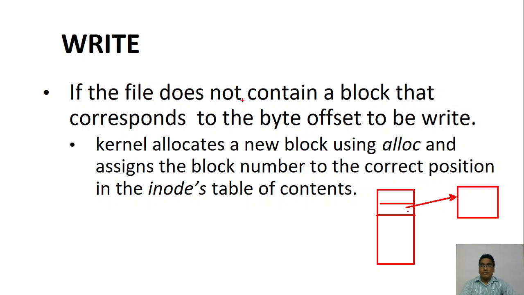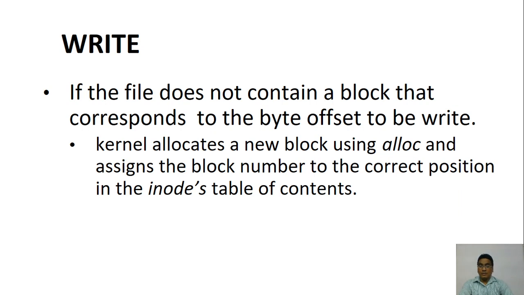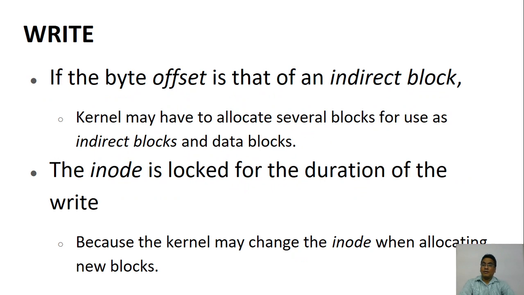If, when we try to write, the block does not exist for that particular offset, then the kernel will allocate a new block using the alloc algorithm, set the proper block number in the inode table, and then write the content to the disk.